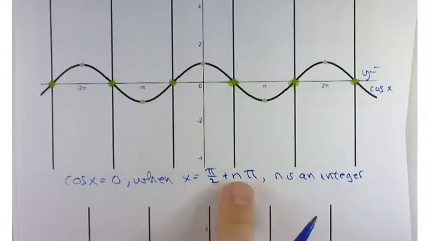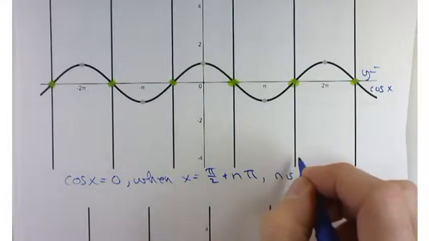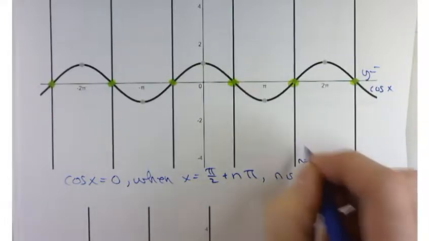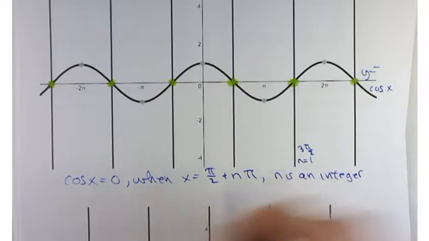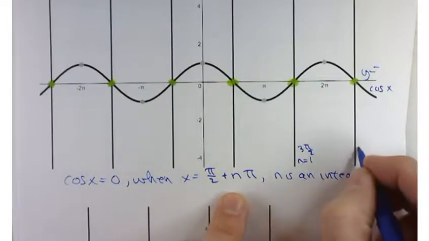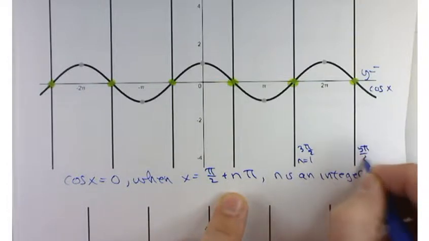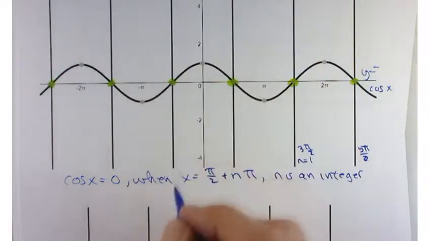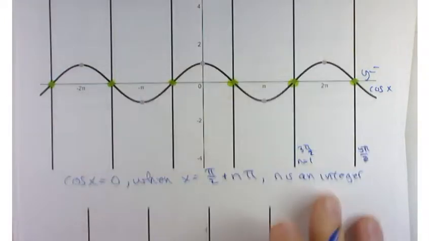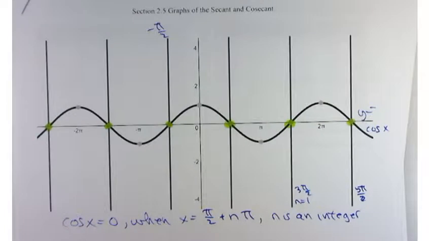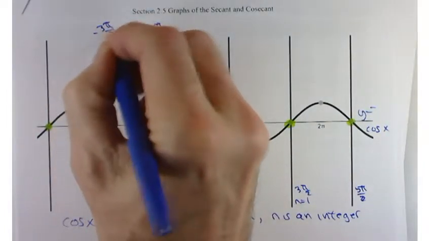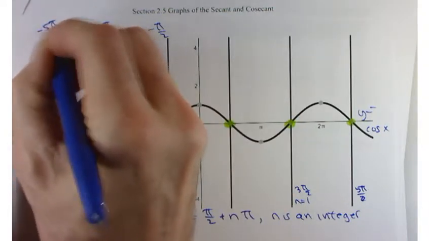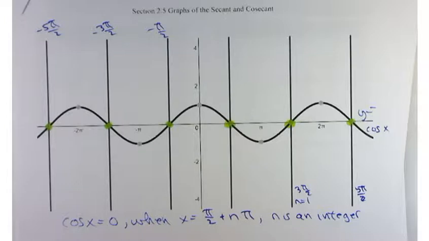So if n is 1, you get 3 pi over 2. If n is 2, then you get 5 pi over 2, and so on. And then you can get negative pi over 2 when n equals negative 1, or negative 3 pi over 2, negative 5 pi over 2, etc. So you get these asymptotes where the graph's just going to go up and up and up, or down and down and down.